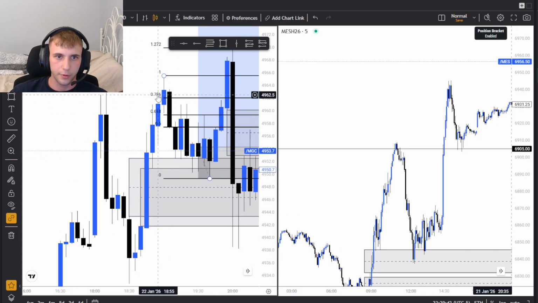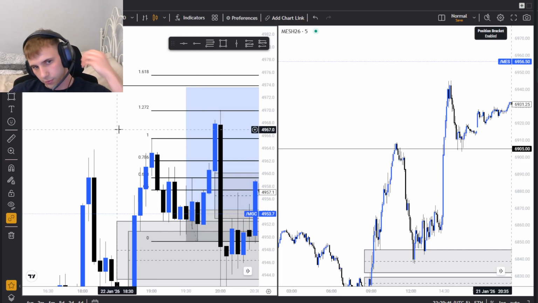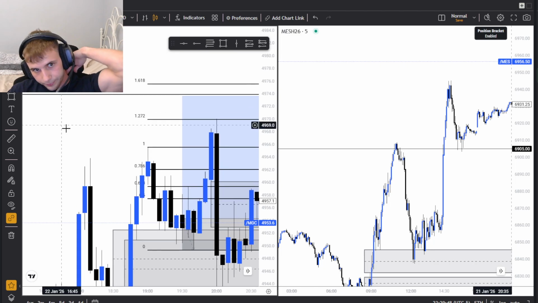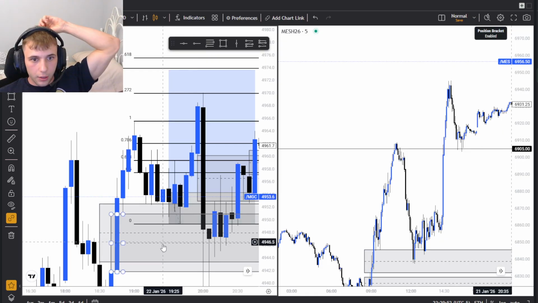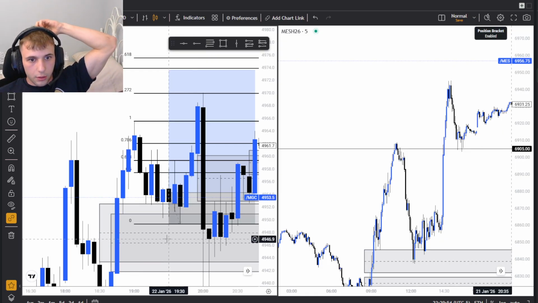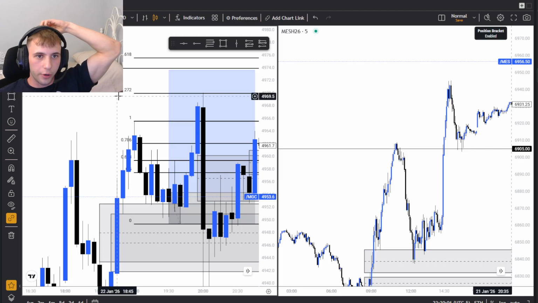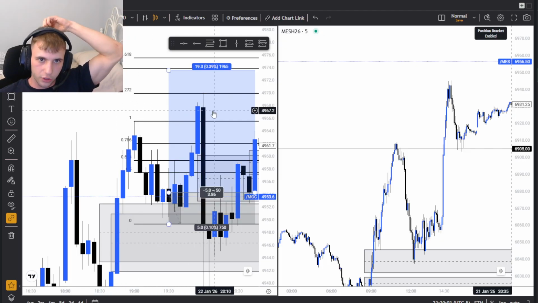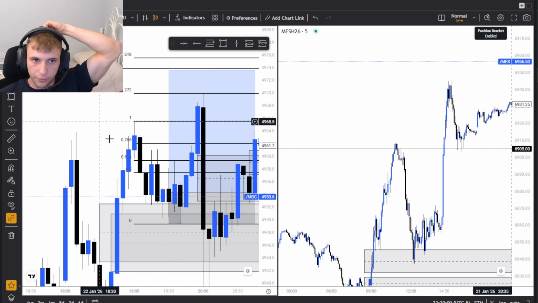Look what happened here. For this 5-minute retrace, or 15-minute retrace, or 30-minute retrace, whatever it was, we actually hit the 1.272 extension, not retracement, of this move.